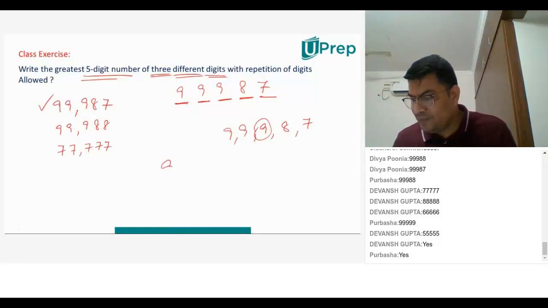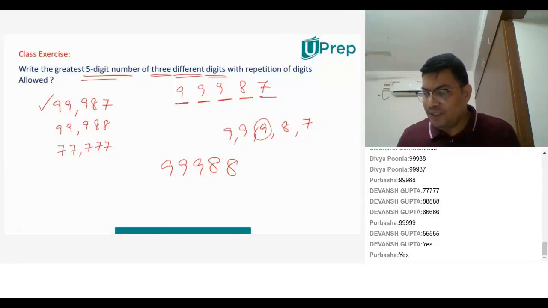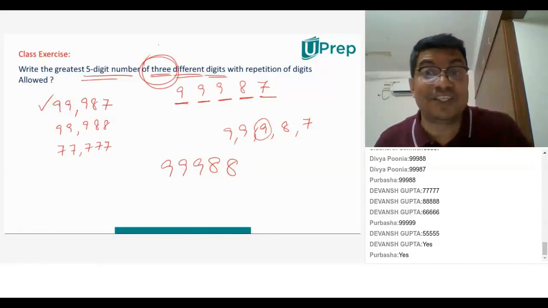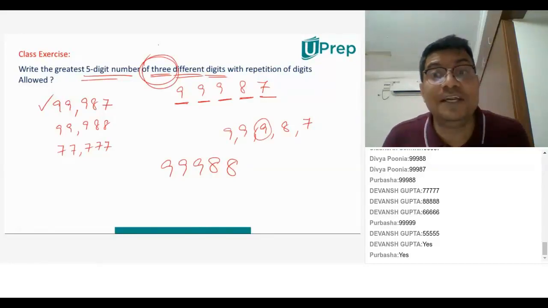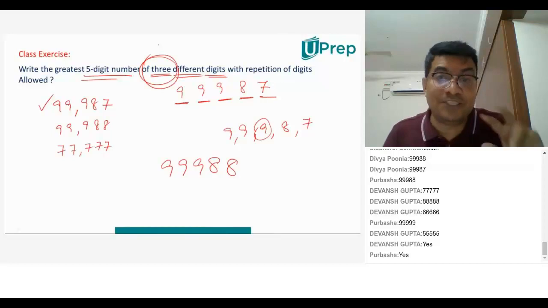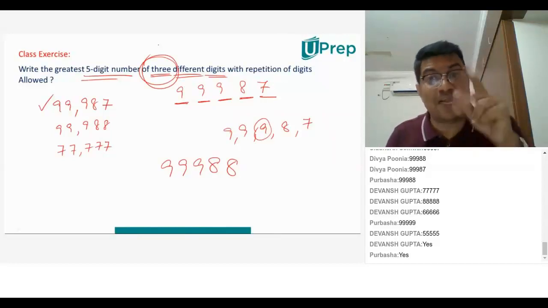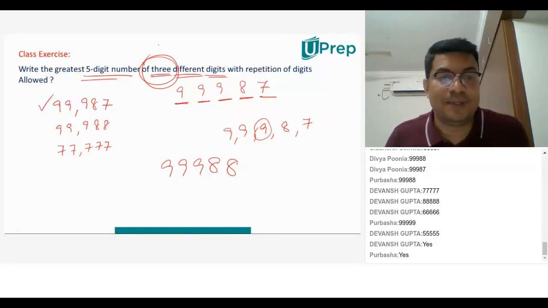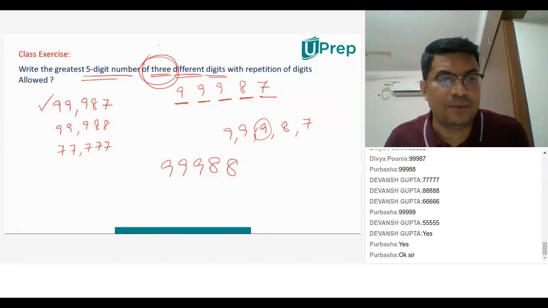She said 99988. So where is the mistake? Parbasha, you took only 2 different digits, but he asked you to take 3 different digits. That's very important. If the question were 2 different digits, your answer is right. Make sense?